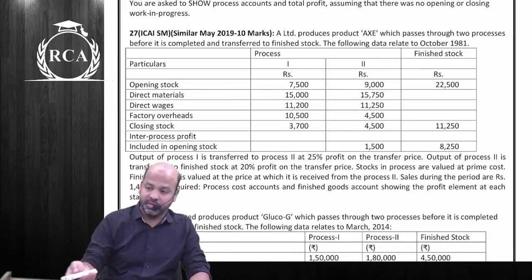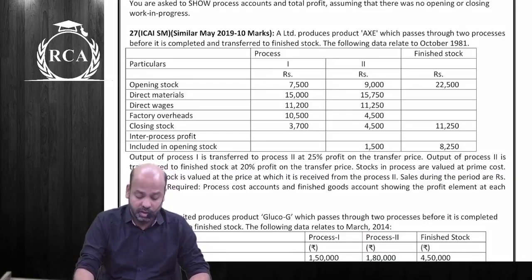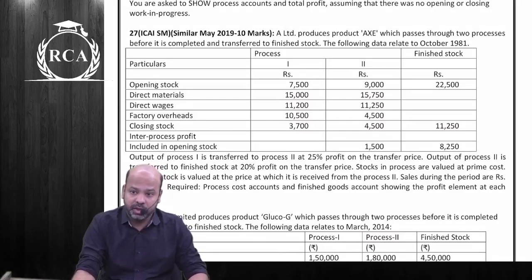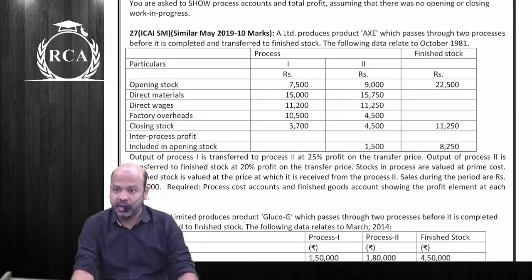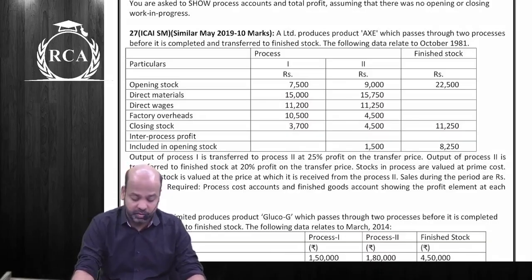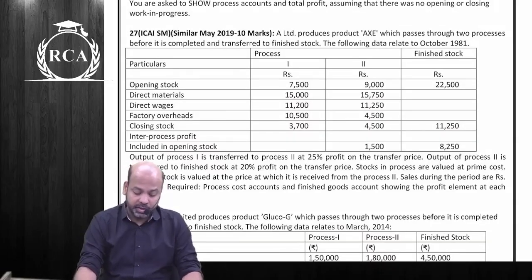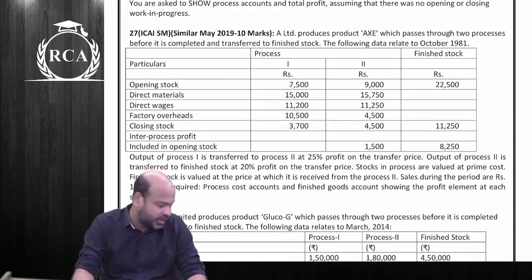In process 1 we have an opening stock of 7,500 rupees, direct material of 15,000, direct wage of 11,200, factory overheads of 10,500, and closing stock of 3,700. Process 1 being the first process, there will never be any amount of profit included in the cost of the stocks of process 1.